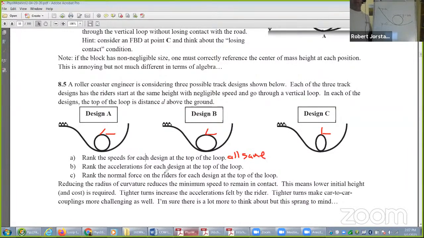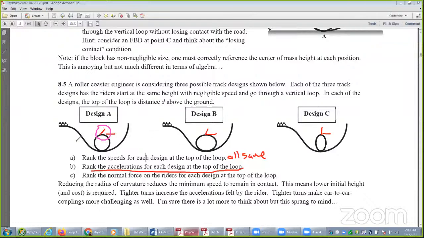So what about the accelerations? Will they all have the same acceleration? Are they accelerating at the top? Do they all have 0 acceleration at the top?